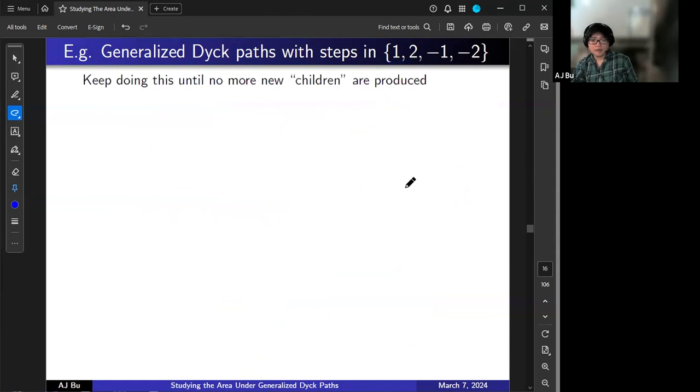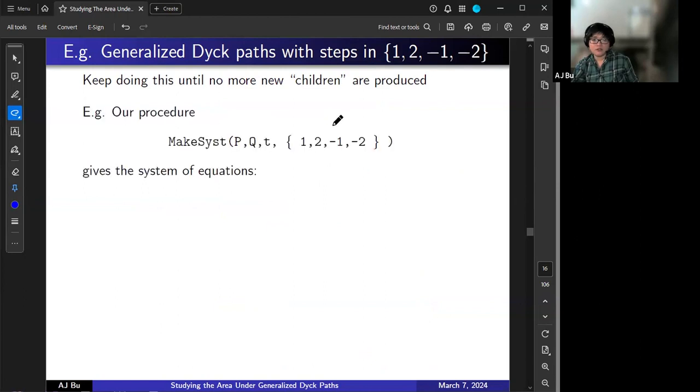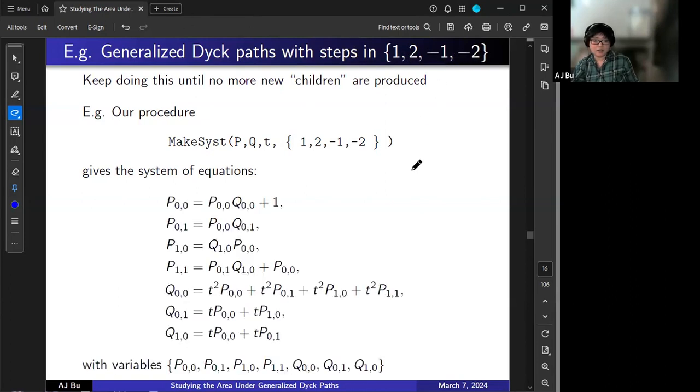Okay. And then we're going to keep doing this until we have no more children. So our procedure make syst can be used to get our system of equations. So for example, for this set of generalized Dyck paths, we're going to get this system of equations, right? And note that for each of the variables that appears, we have an equation.